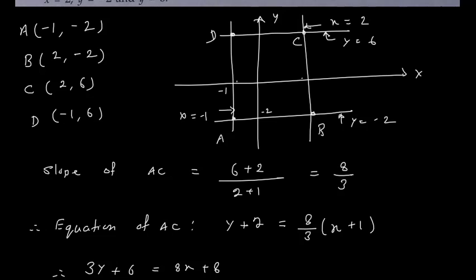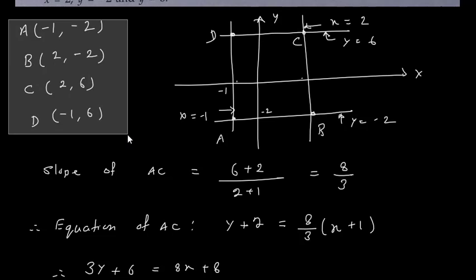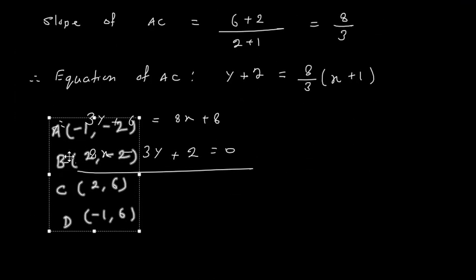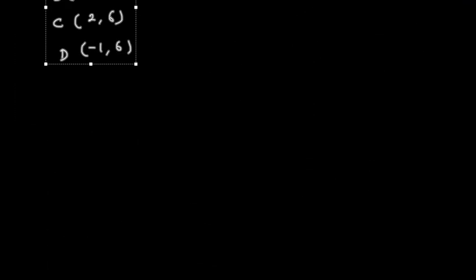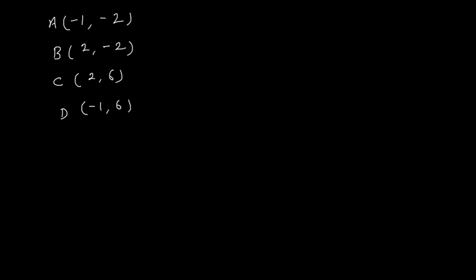And similarly you can find the equation of BD. Taking the points B and D, first the slope of BD will be 6 plus 2 divided by minus 1 minus 2, which is minus 3.